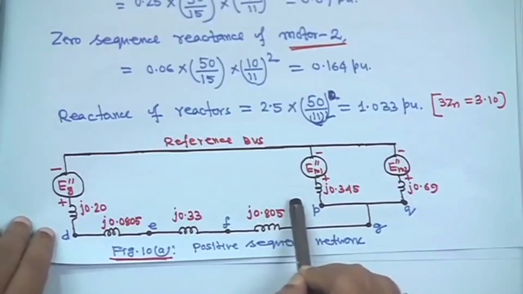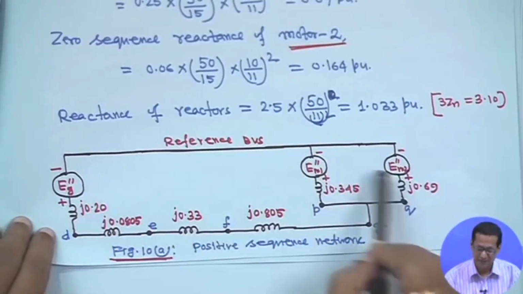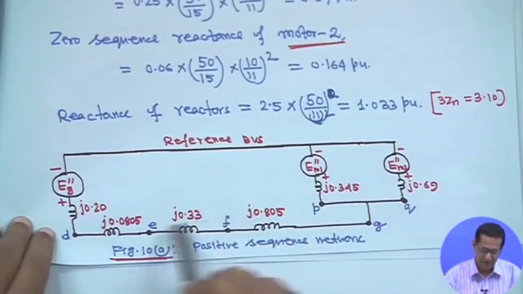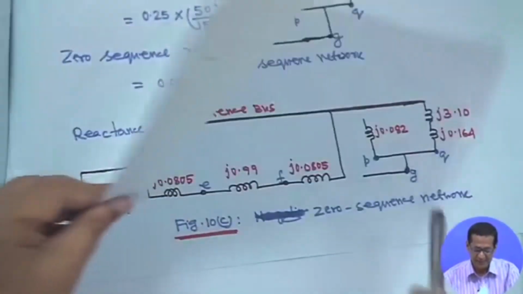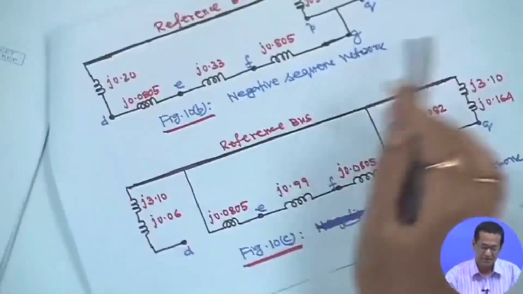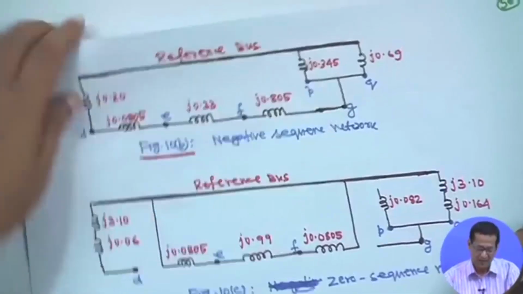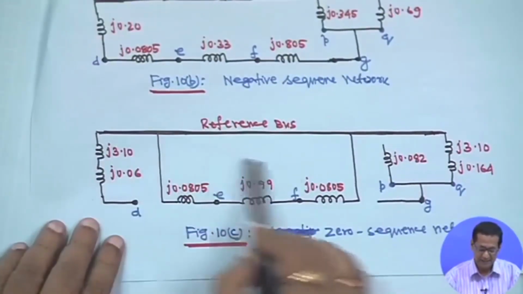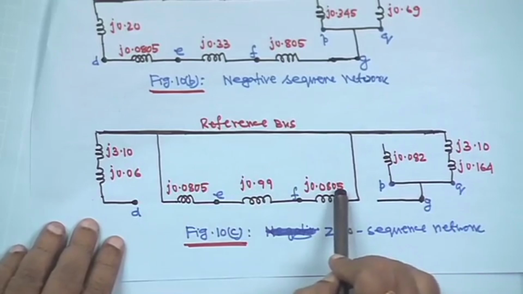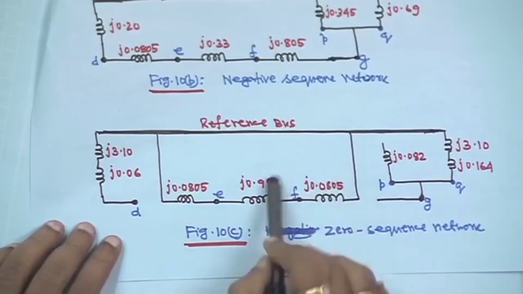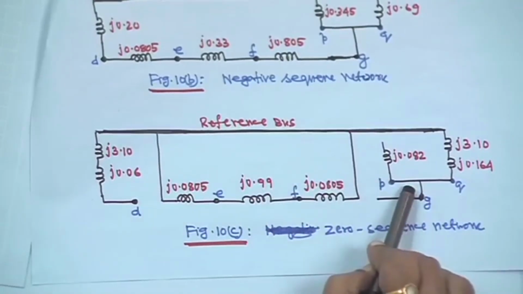Earlier I told you how to make it, with all the voltage sources and all the positive sequence impedances. Negative sequence parameters are the same, but there is no voltage source, and the 0 sequence diagram has also been shown, with how it is drawn explained in detail. So, same network and same diagram.